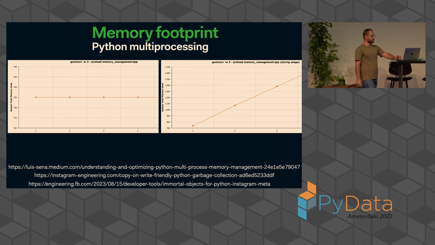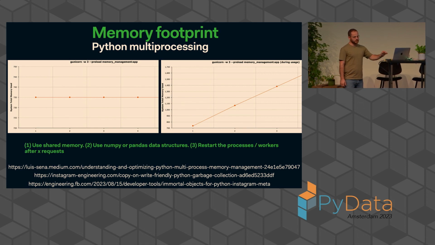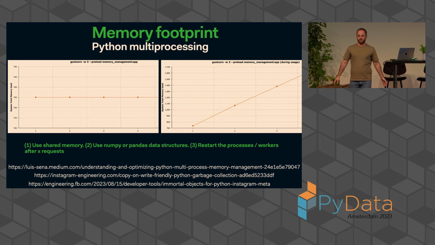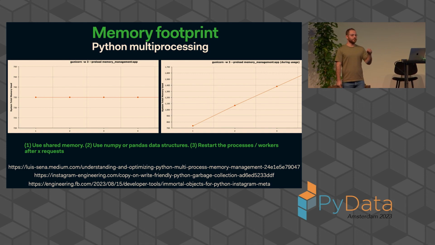So how can you keep things under control? There are a few things we can do. For example, we can use shared memory. It's not very straightforward, but it works. This involves copying data into shared memory, maybe a little overhead at the start. It lacks synchronization, but it can work.